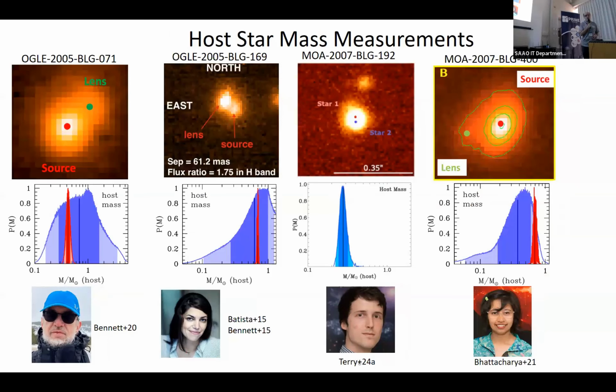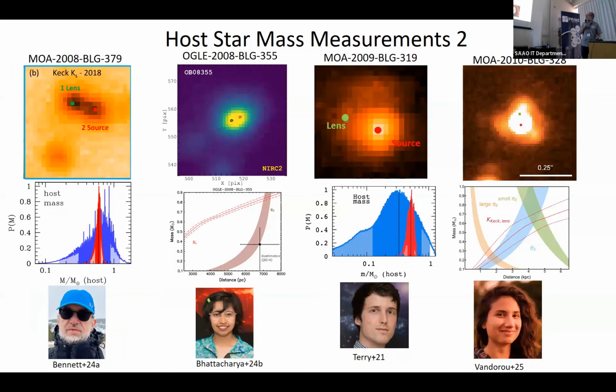We're basically using HST and Keck adaptive optics to measure the lens and source stars as they separate. We get the brightness and also measure the separation as a function of time, and this allows us to determine the masses. So here are more events. One sort of complicated event is going to be mentioned in the next poster talk by Katie Van Dorrel.